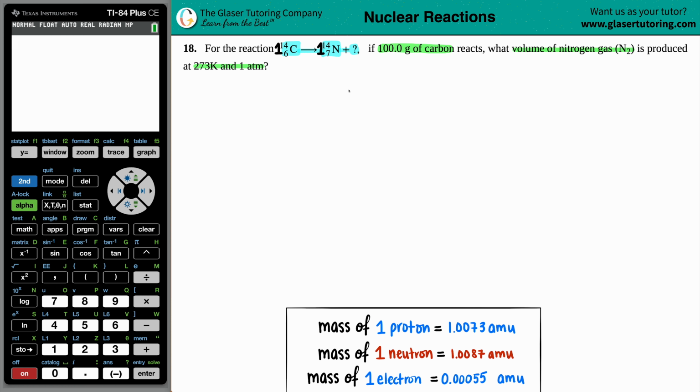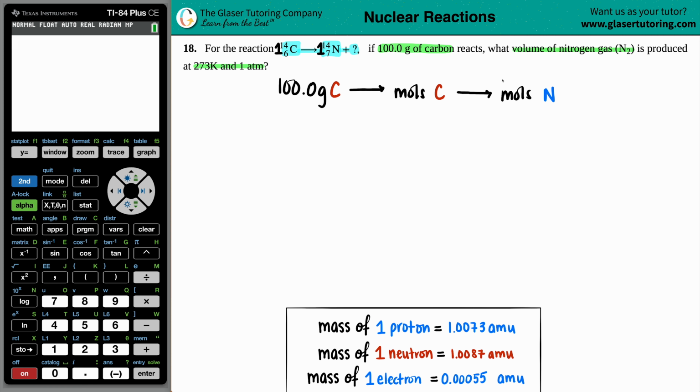So in this case, if you have 100.0 grams of carbon, we can go to the moles of the carbon, and then from there, we can transfer over into the other nitrogen species, which is moles of nitrogen.